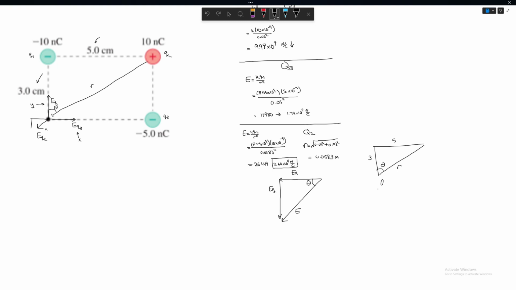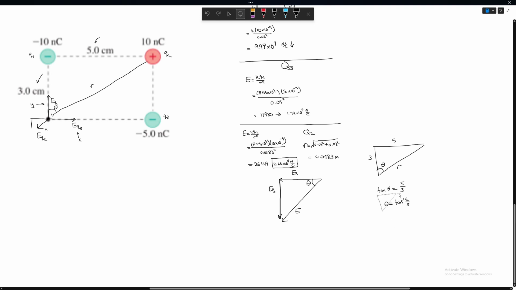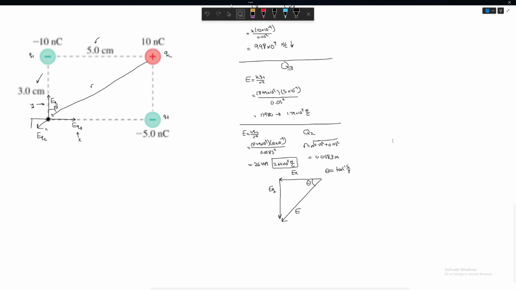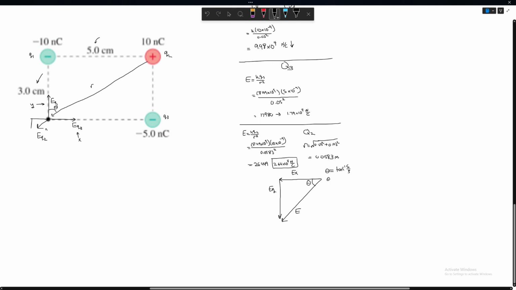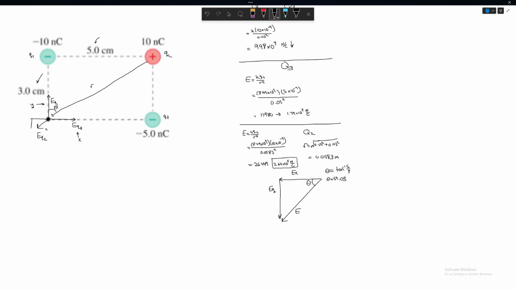So this angle equals opposite over adjacent, theta equals tan inverse of 10 over 6. And so this will give us 59.03. And so you see now that gives us the angle right up here.